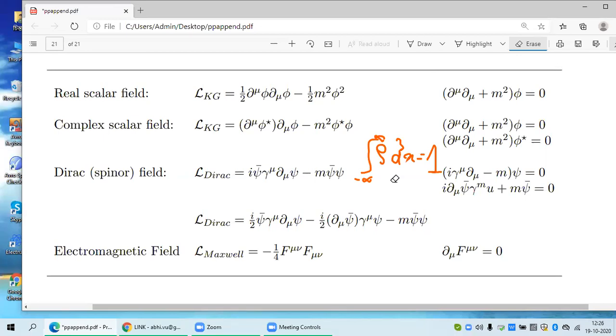It is a wrong theory, to be specific, but still we are discussing these properties of Dirac fields and Klein-Gordon fields in the context of this theory, because once we quantize this theory, these properties will be translated to that.